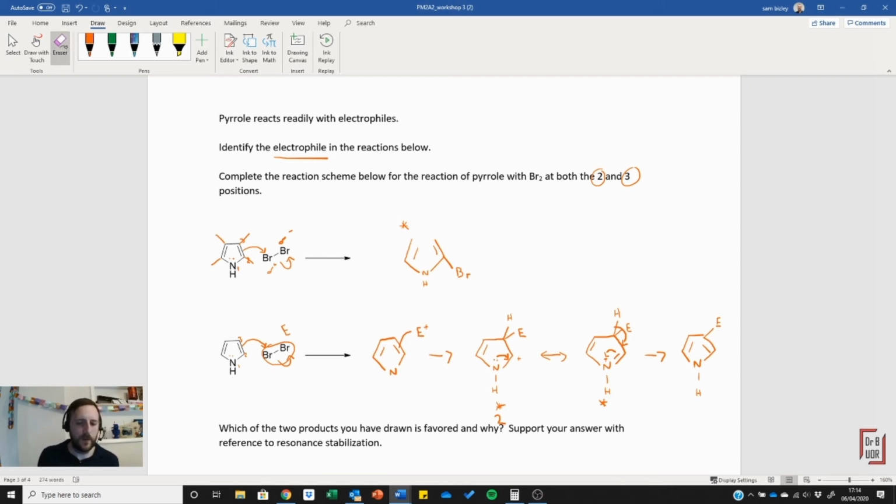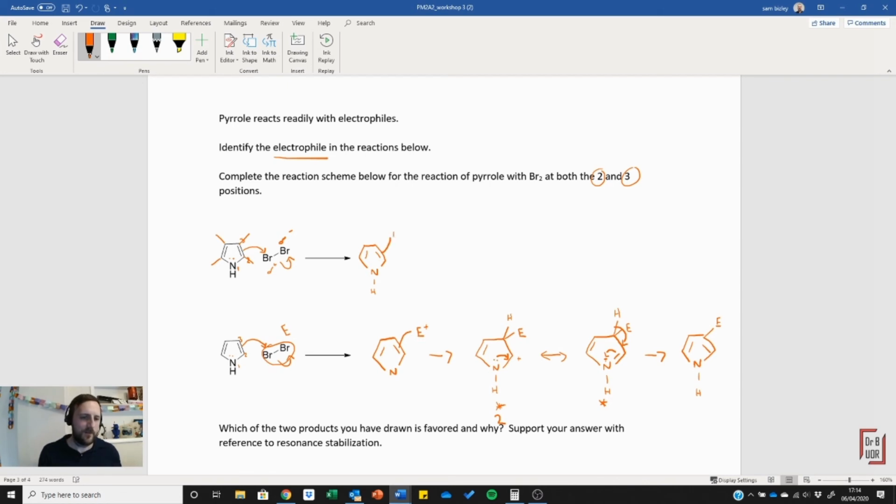If we compare that to what we have in our first one, again it might get a bit cramped, so I have to draw these a little bit smaller, to attack at our other position now. Okay, we've still got our hydrogen off here. The reaction is still almost happening the same, but remember our attack is now at position number 3 rather than position 2.